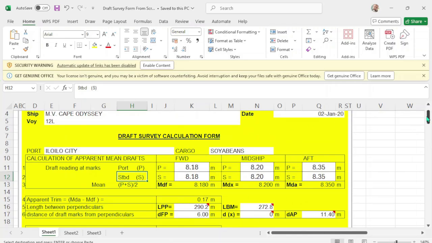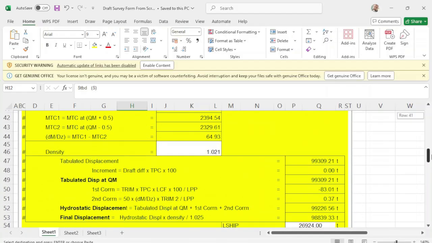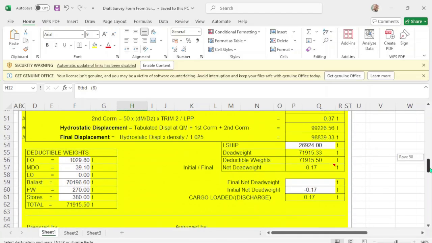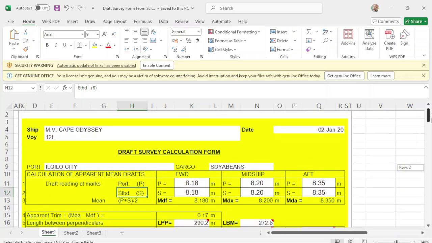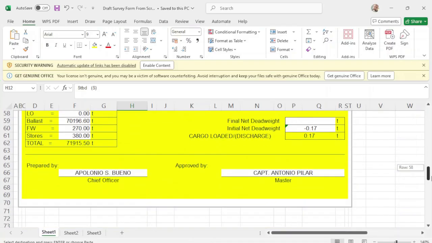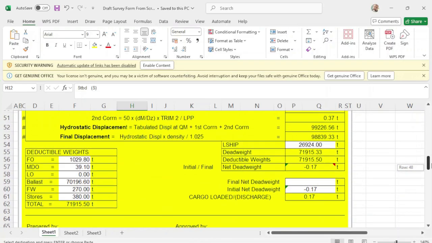Then you have your density here, and you have the ROB. You have your light ship. Okay, this is, for example, so you have now already the form.